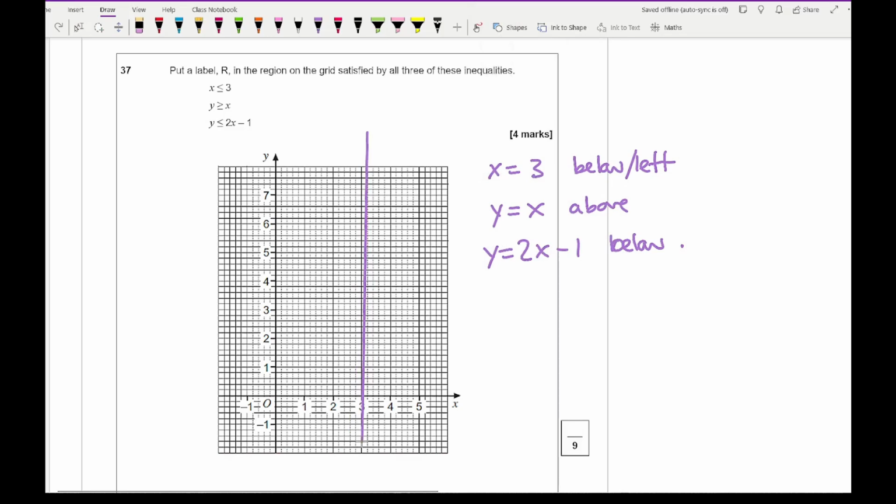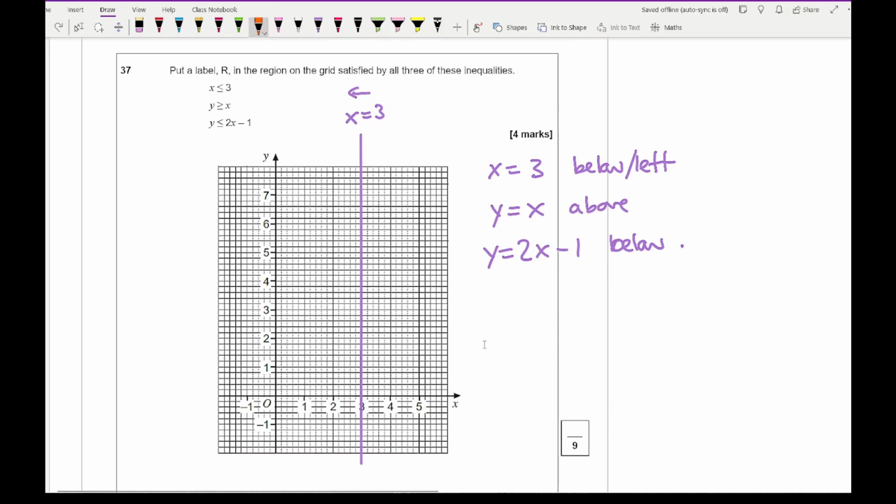So let me just plot that accurately. And let me just extend that line like so. Now, whenever you are drawing lines, you do want to make sure you're going right to the limits of the graph paper. So that's x equals 3, and I want that side of that line.